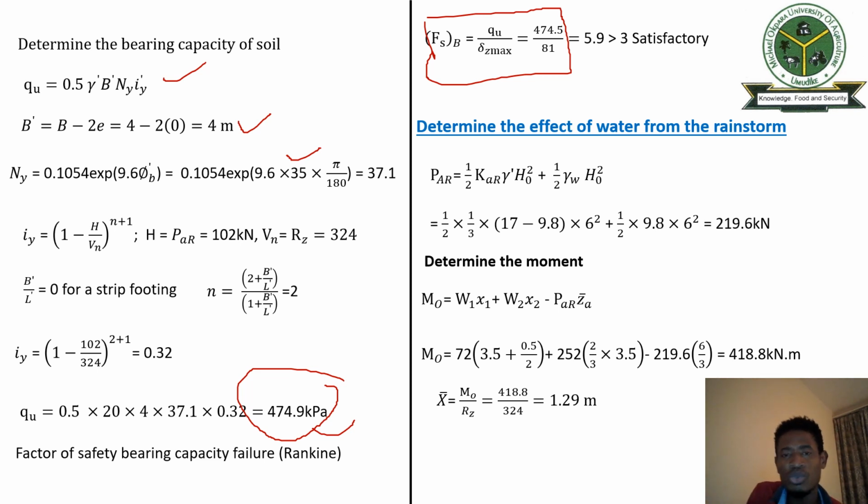So the next thing you are going to do, if you do this, you have effectively solved the problem for both methods: when the wall has friction and when the wall does not have friction. Then the last question says, determine the effect of water from the storm.